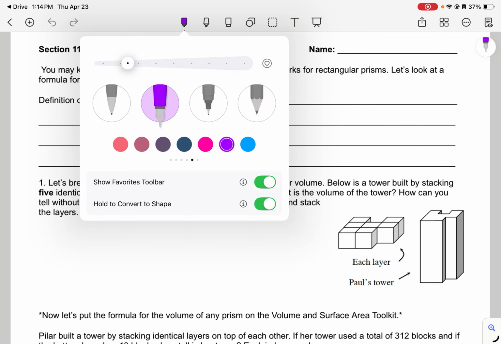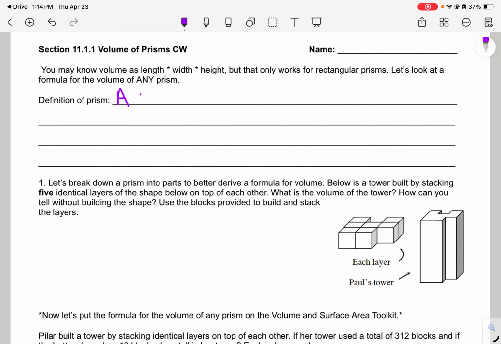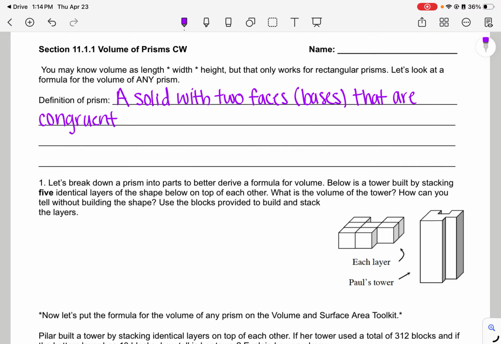We're going to say that it is a solid with two faces, and those are called bases, that are congruent and parallel. And we'll talk through all this in just a minute.